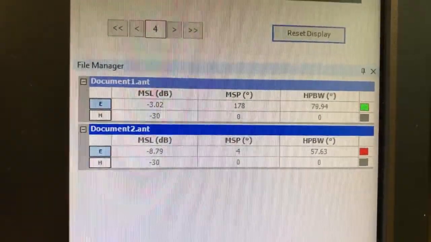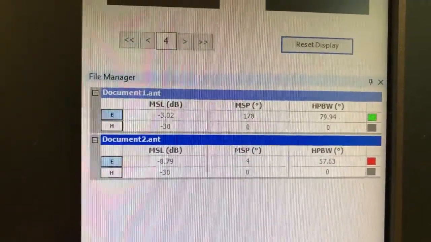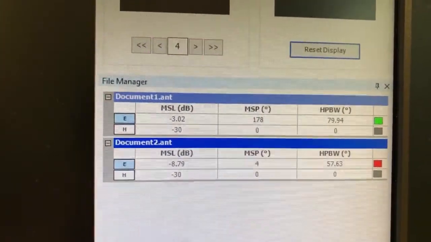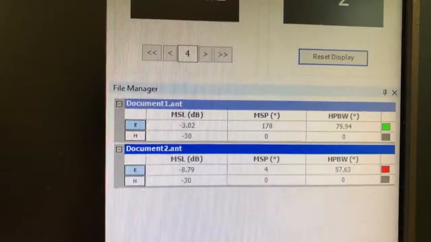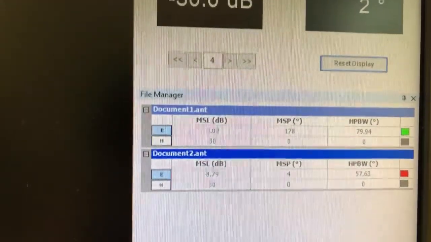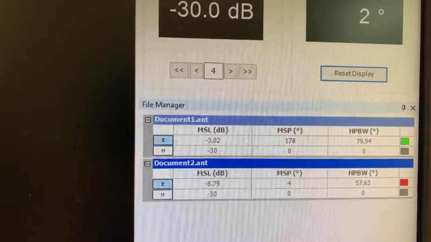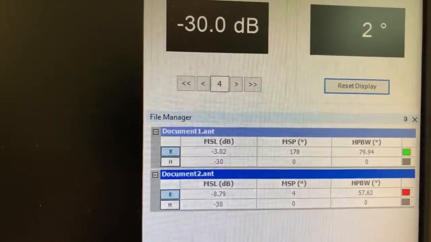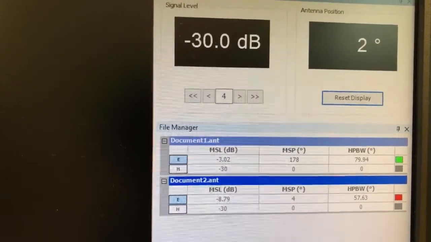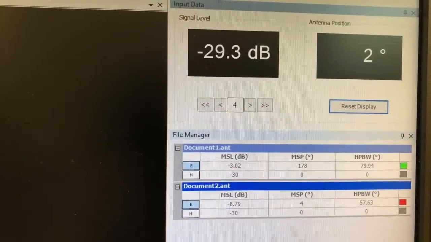The one for the half wavelength dipole antenna is very accurate, but the one for the 1 lambda dipole antenna can still be improved. That should be around 48 degrees theoretically, but it's 57 right now. But this essentially shows that it's more directive.